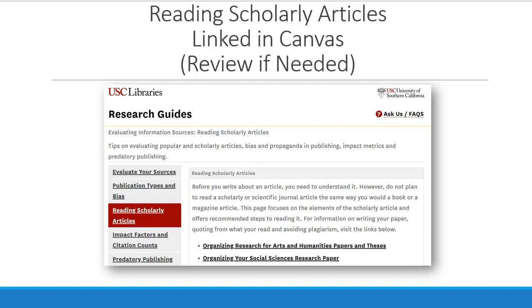So if you aren't confident in your ability to read scholarly articles and want to have a nice overview of things, this article I would recommend for you to read. It's been something that's been assigned before in the past. So review if needed. If you feel confident in your ability to review things, go ahead and skip over this one.